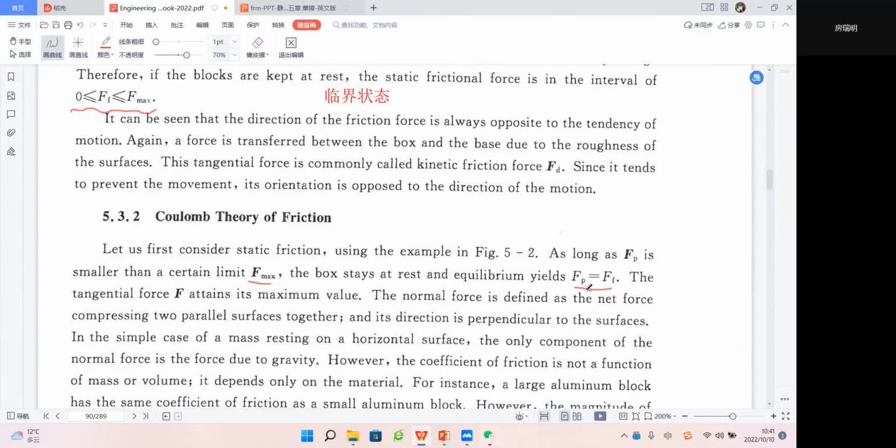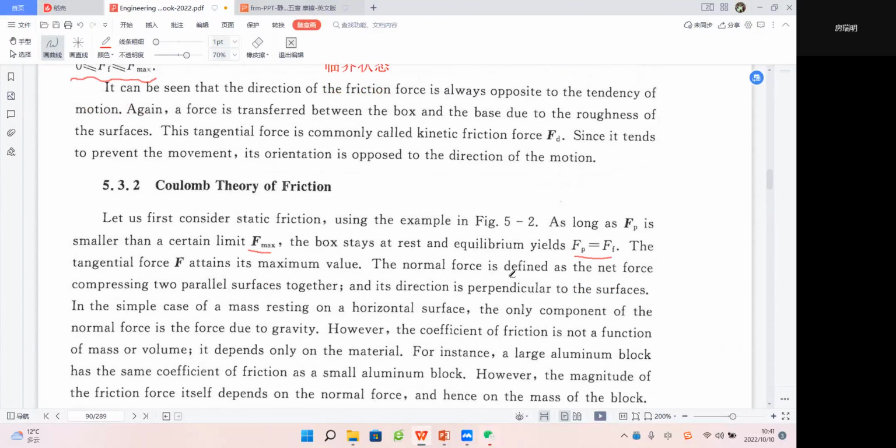Actually, Fp is the active force, and this Fs is another kind of reaction, right? If Fp gets a little bigger, Fs will get a little bigger, always keeping the state of equilibrium, right? So the tangential force F attained its maximum value.